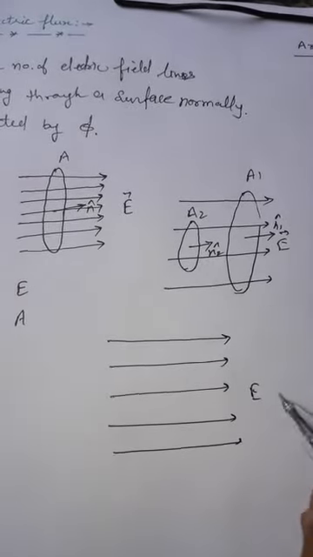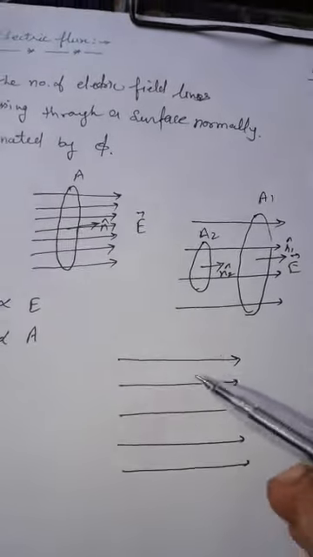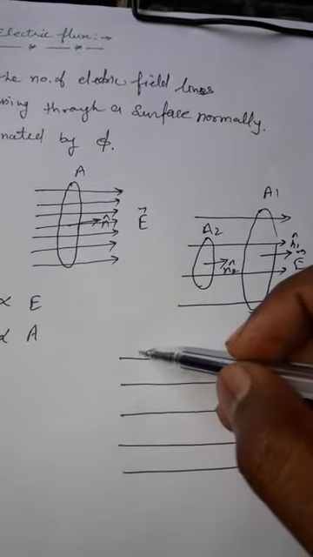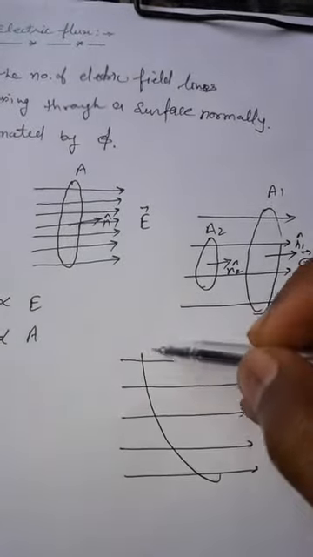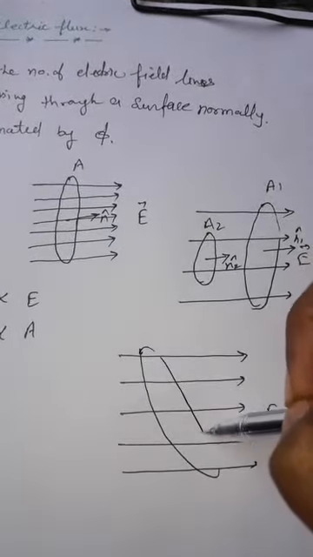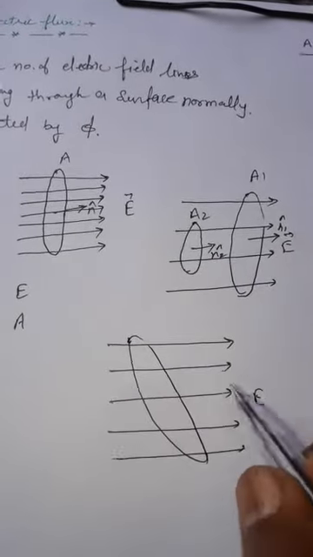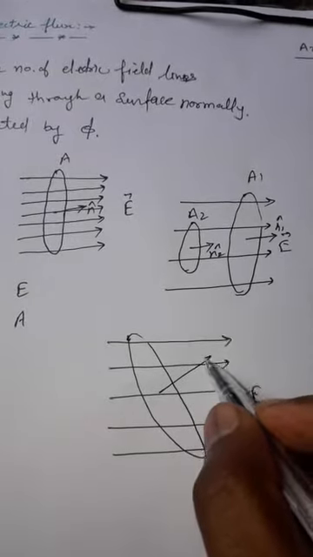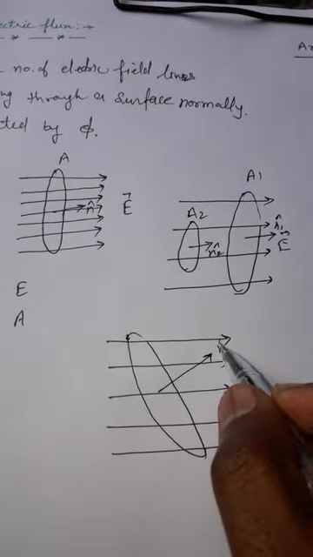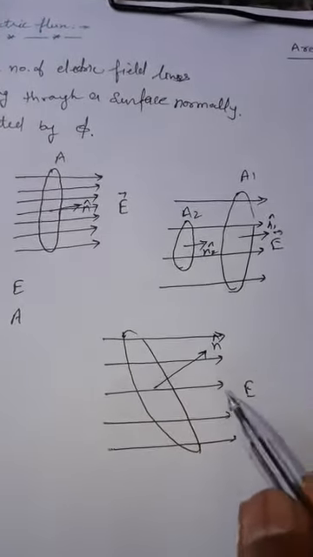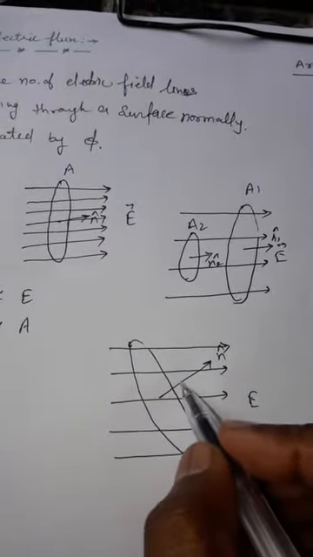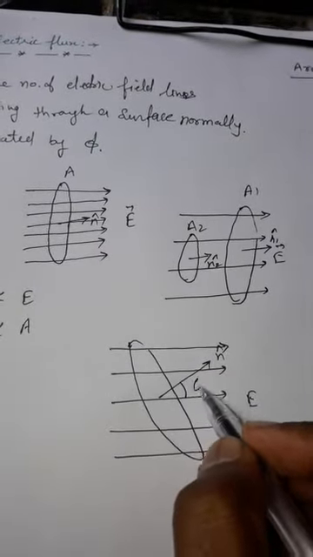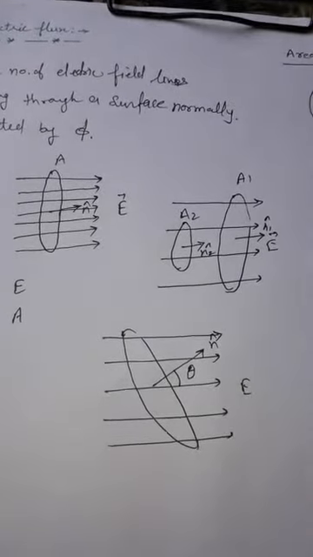Okay, and consider the flux, say the surface is oriented like this. So the normal to the surface is, say, in this direction, n cap. So the electric field is inclined at an angle theta with the normal to the surface.